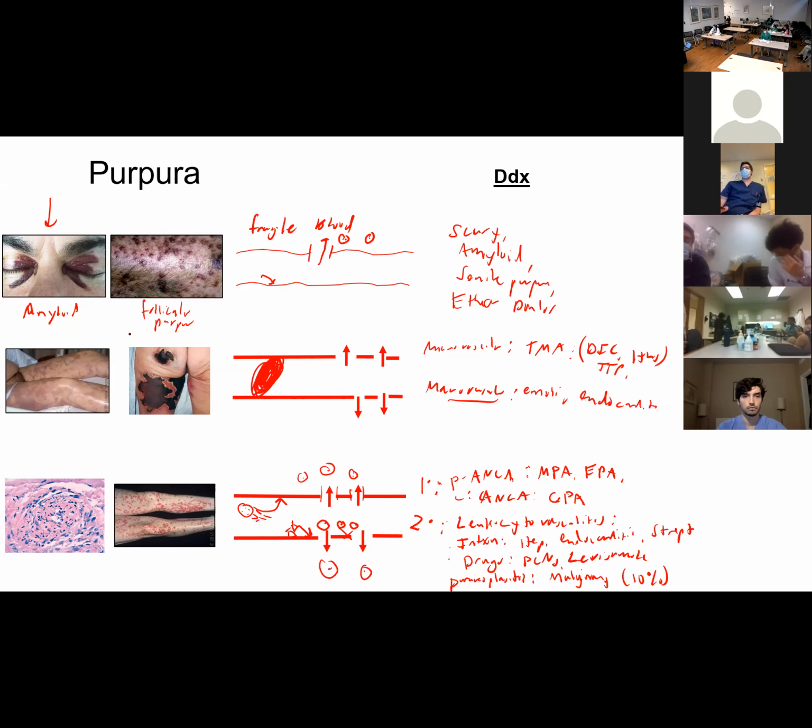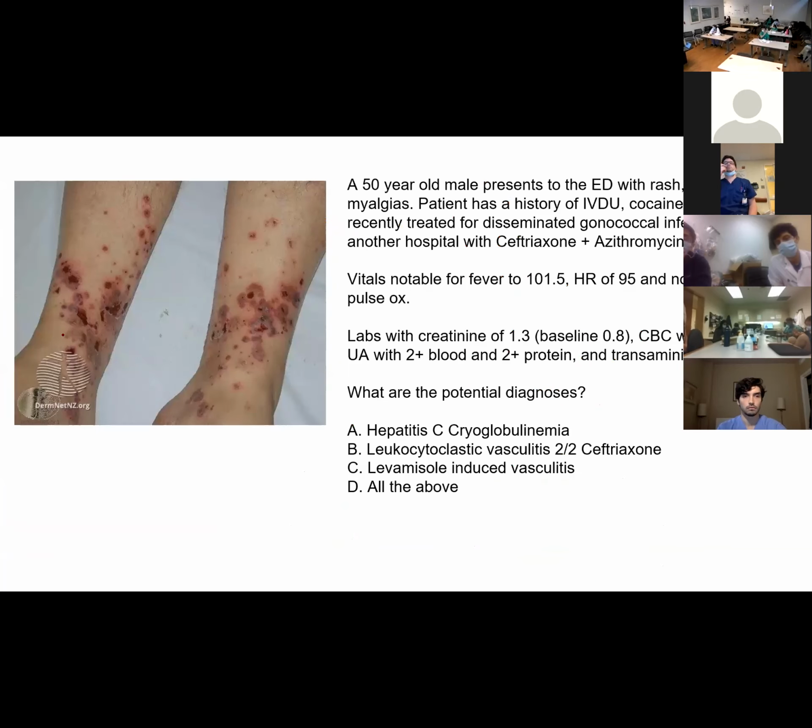This is called retiform purpura over here, and this is another dermatological emergency, because when you see this, you know that the patient either has some sort of microvascular clotting going on, like DIC, or some sort of macrovascular phenomenon. So this is absolutely an emergency. If you ever see this, you really need to get to the diagnosis really quickly. Those are all the causes of purpura. We'll go back to this.